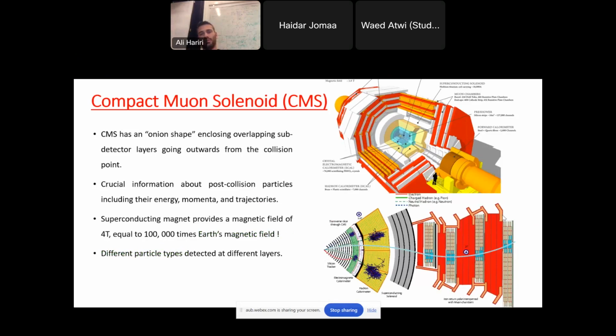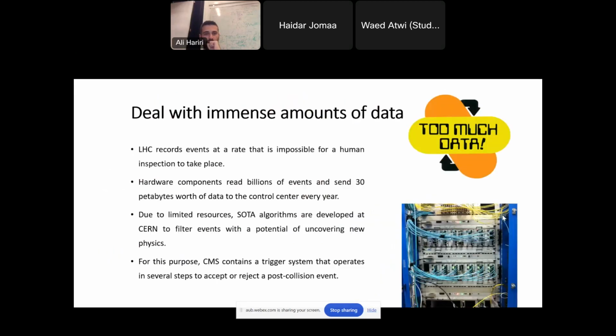It's like onion layers that collect different information about particles traversing throughout them. So we deal with too much data. We need to save some computational power with regards to Monte Carlo simulations, for example, and so on and so forth.